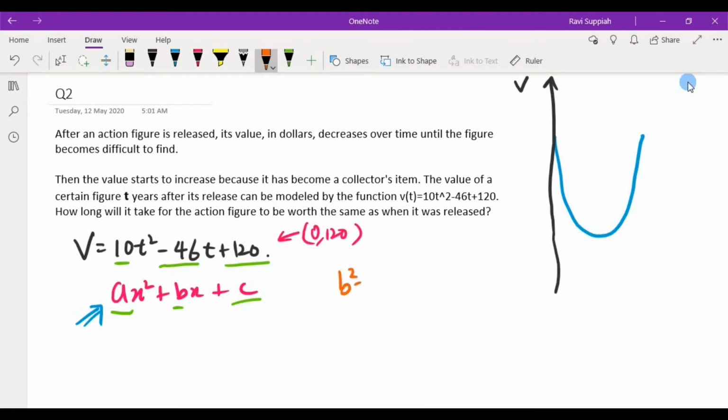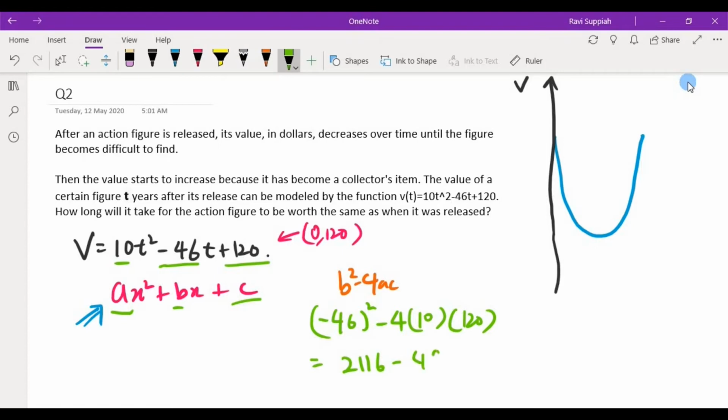In this case, as you can see, b here is minus 46, so minus 46 squared minus 4, a, and c is 120. So this will give us 2116 minus 4800, which is equal to negative 2684. Let me just quickly put that in the calculator.